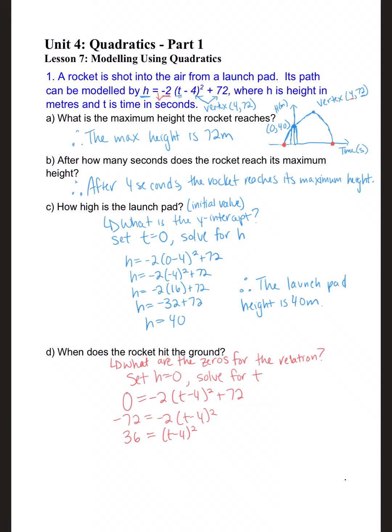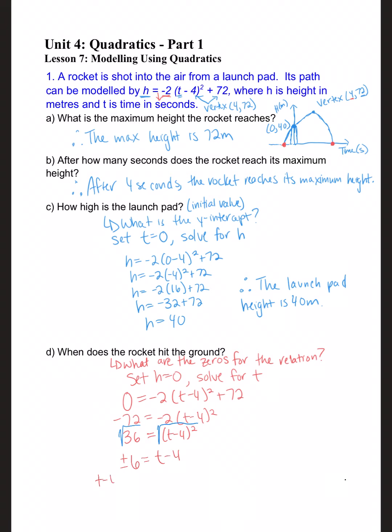Now we're going to have to take the square root of both sides to get rid of that power of 2. And remember, when we take the square root, the answer is going to be the plus and minus version of whatever that square root is. So now we will have two answers that we're working to solve for.